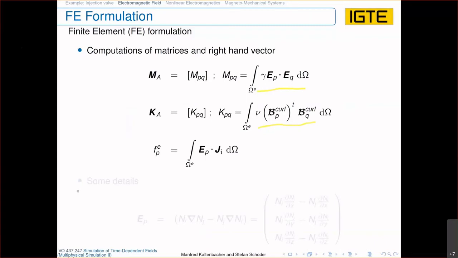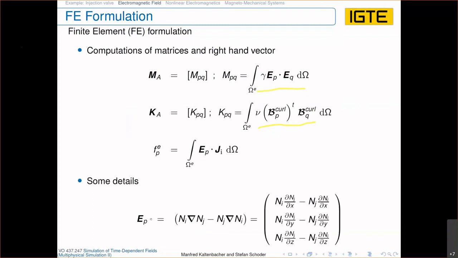For this, we first of all compute for any edge P within a finite element, explicitly written with the nodal basis functions, the gradients of it, and as you know, we clearly will get out here a vector.